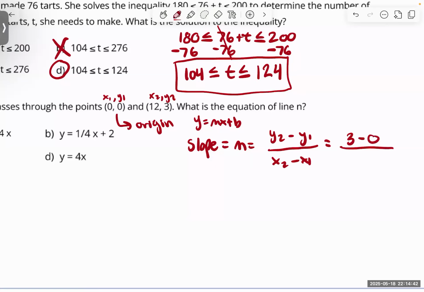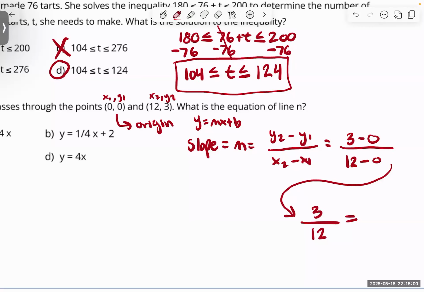And my x2 is 12 minus my x1, which is 0. Okay, so 3 minus 0 is just 3. 12 minus 0 is just 12.